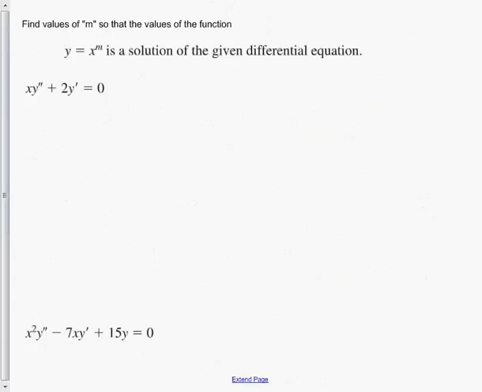Very similar setup, but here the coefficients are variables with respect to x, like this: x times y double prime plus 2 times y prime. The second one is x squared times y double prime minus 7x times y prime.